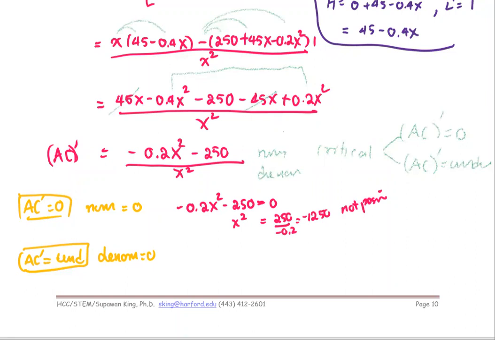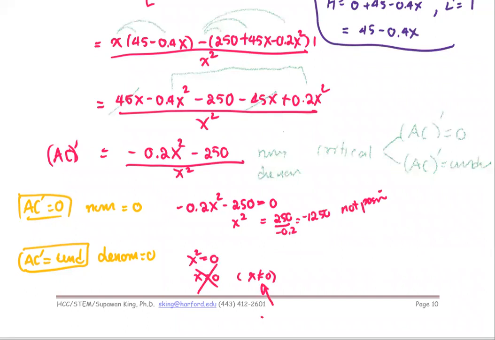For the second case, the derivative is undefined, so we set the denominator to be zero and solve for x. It's very nice and clear: x equals zero. But in fact, x equals zero is not in the domain, so the function is not defined there, and we just ignore this case.